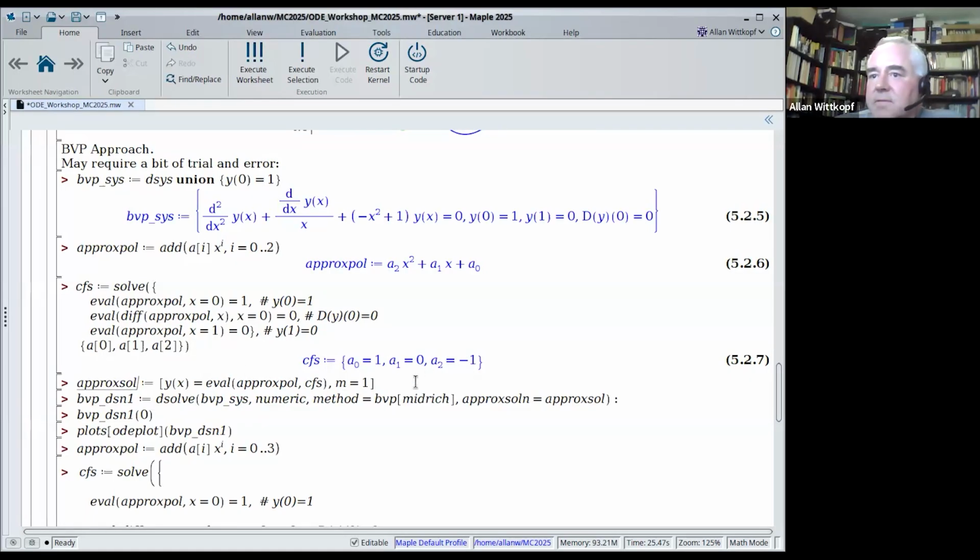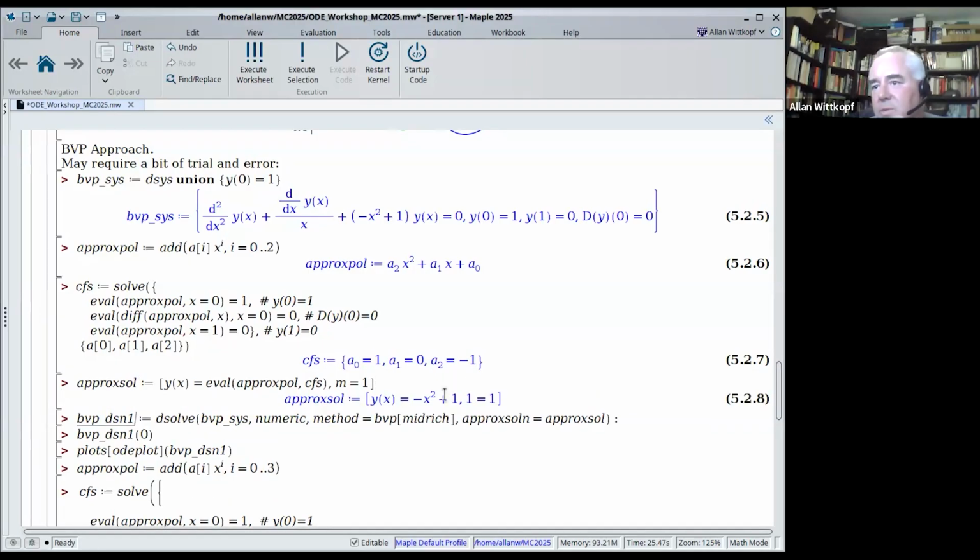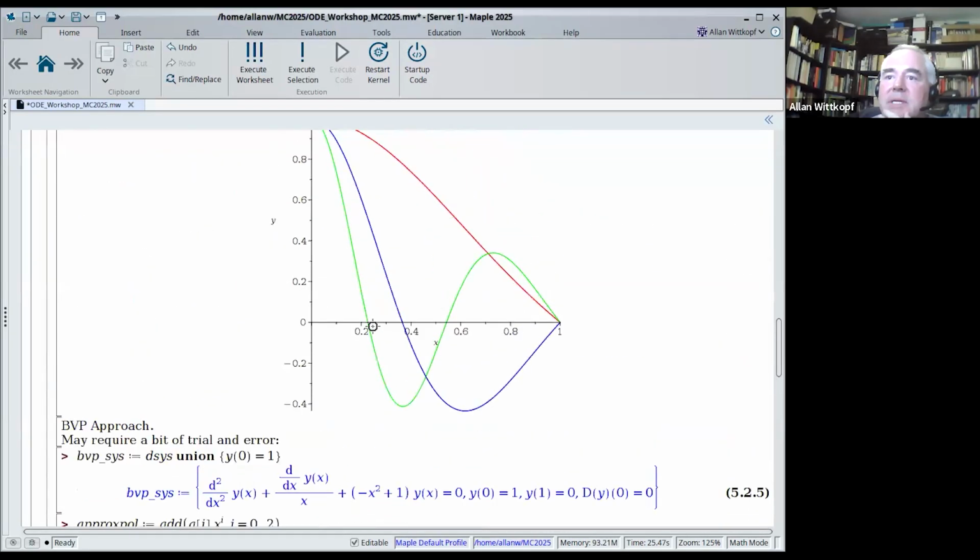So we get these coefficients. We can evaluate the approximate solution with those coefficients, and we get this 1 minus x squared as our initial approximation. Oops. I must have assigned m someplace.